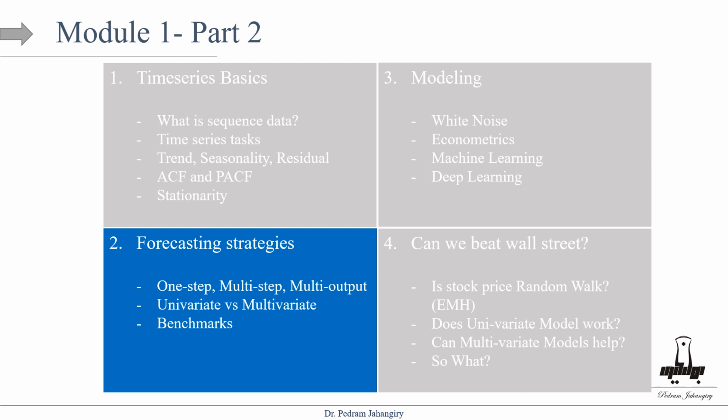And then we're going to mostly focus on univariate time series forecasting. Now we're familiar with the benchmark, so we are going to always report a fair benchmark for our time series, depending on the nature of that time series. And we're going to look at the performance of that model, whatever it is, compared to those benchmarks for one-step, multi-step, and multi-output horizons.